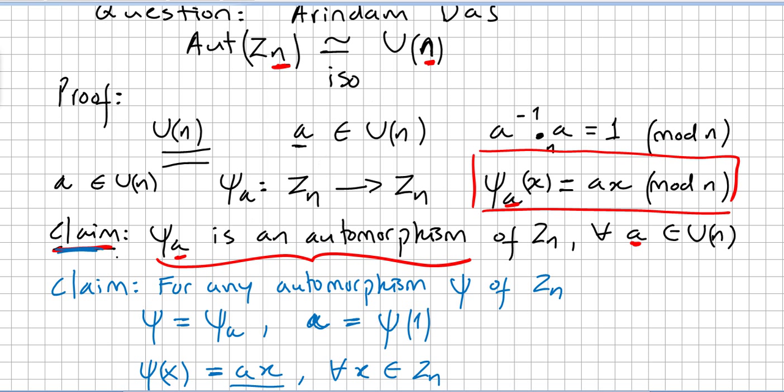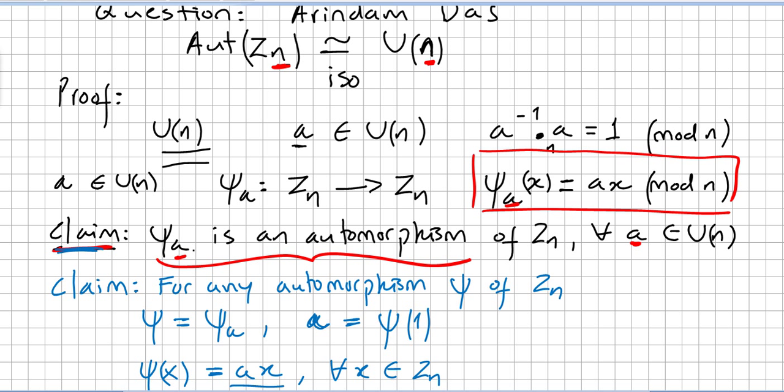First claim: psi of a is an automorphism of Zn. So we picked a particular automorphism. It was this one, psi a of x equals ax, and we proved this claim. We proved that psi of a is an automorphism.